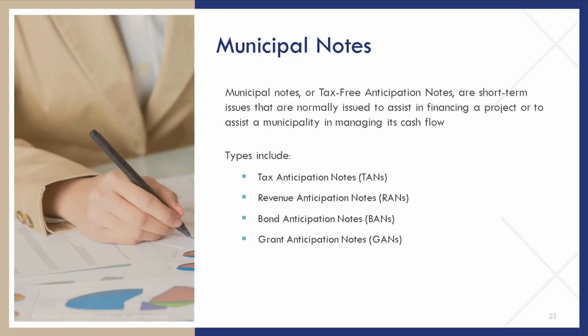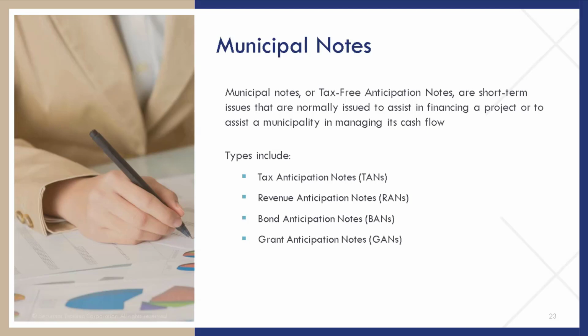These anticipation notes are short-term municipal debt, issued in anticipation of some future event that will provide the money to pay off the notes. And these are tax-free, since they're municipals, so they're federally tax-free.